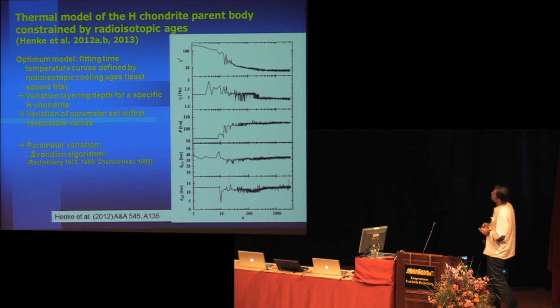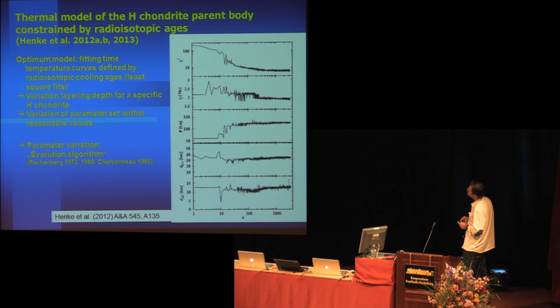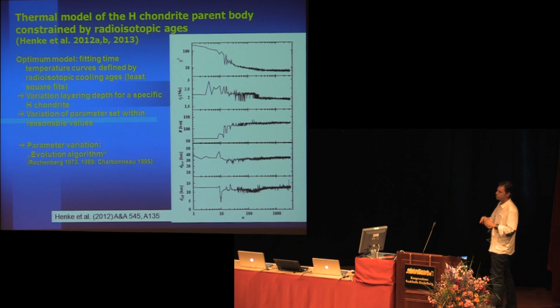Okay, Henke et al. used a kind of evolution algorithm to find the best parameters in the multidimensional parameter space, and these are the chi-squares, how they approach a certain limiting value with an increasing number of steps or calculations, and how this covaries with the respective individual parameters.